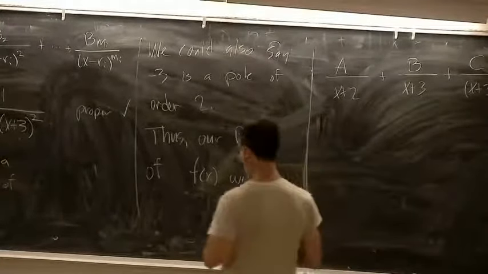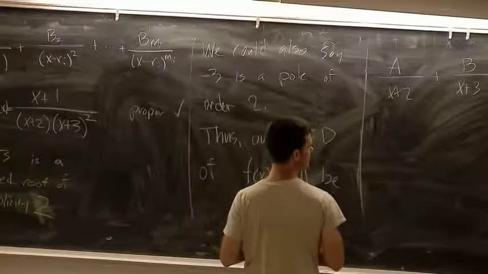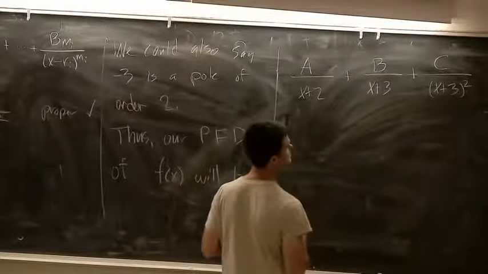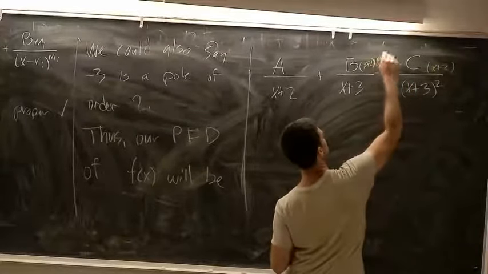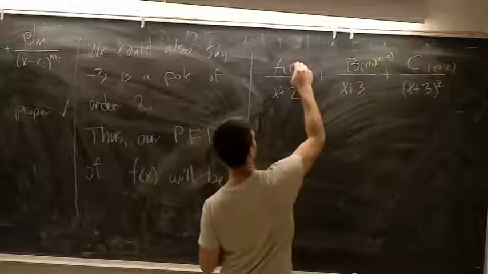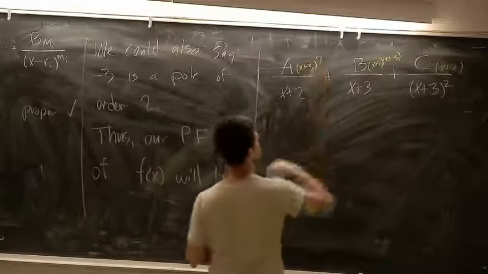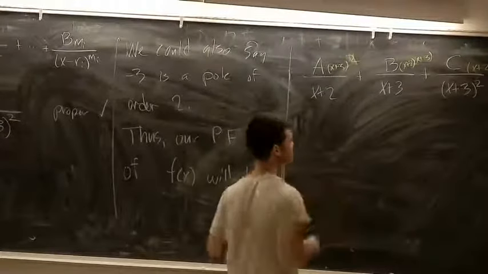I need to multiply everything by an x plus 2 here, an x plus 3 here, and an x plus 3 squared here.